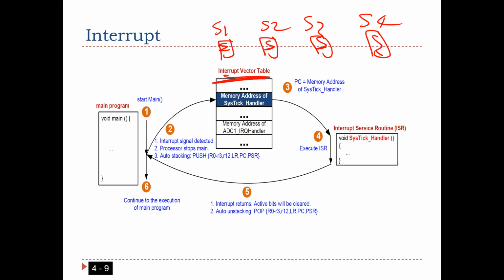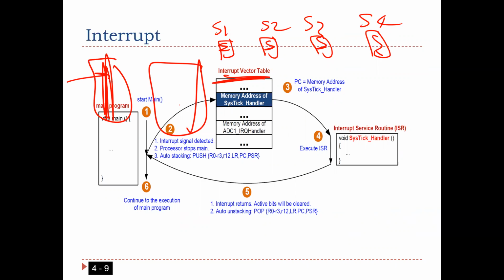There is another meaning for priority. If I already started executing one interrupt, and a more important interrupt comes, should I leave this one, go execute it, and come back because this one is more important or not? So two things now.